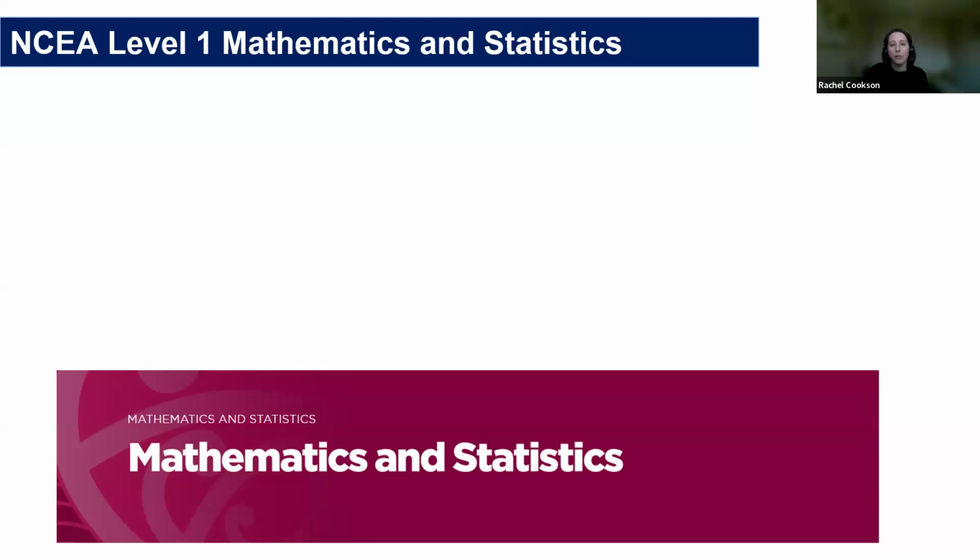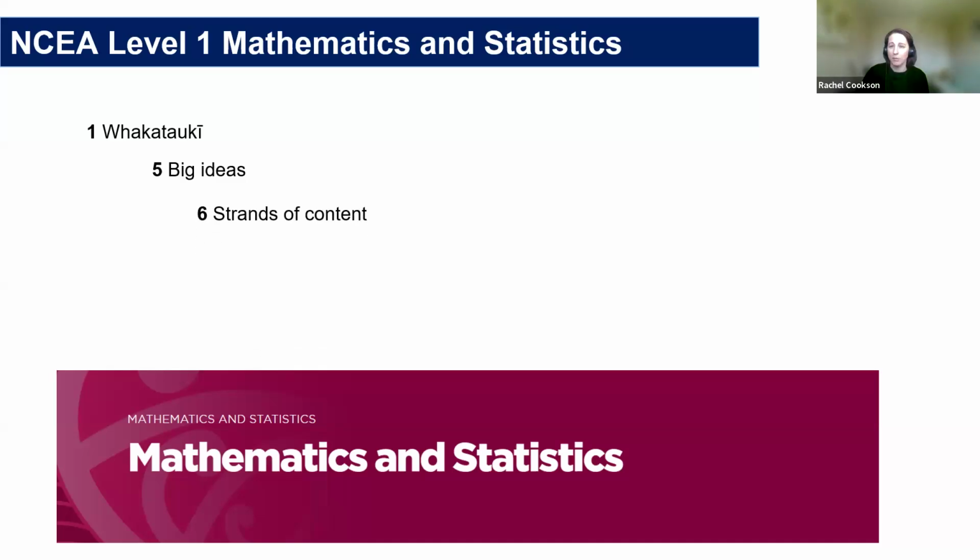So starting off with NCEA Level 1, it's important to know what we're talking about when we're talking about NCEA Level 1. So part of our new Level 1 is we have the Whakatoki for Maths at NCEA Level 1. We have 5 big ideas, 6 strands of content, and you'll all be familiar with our 6 strands of content.